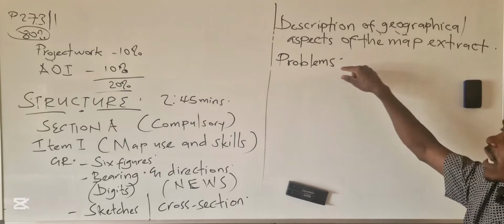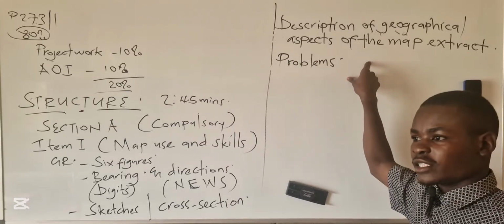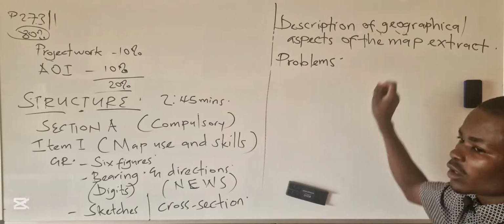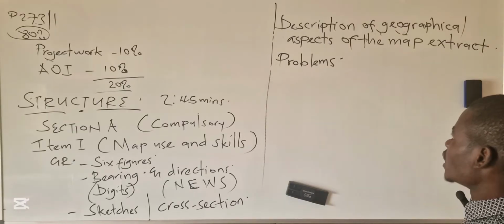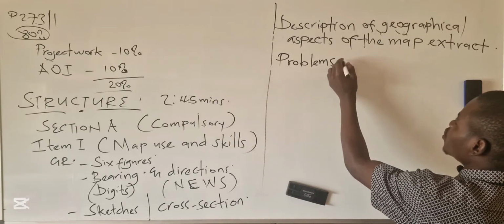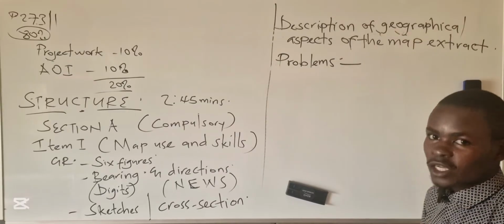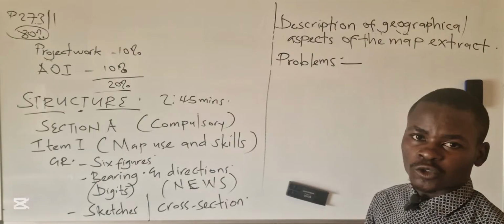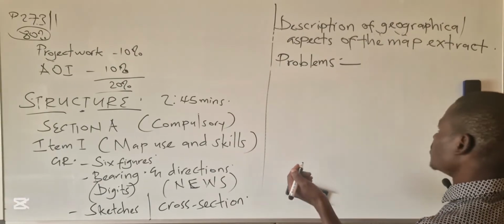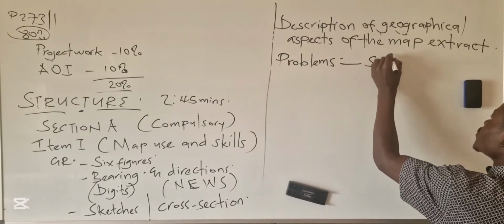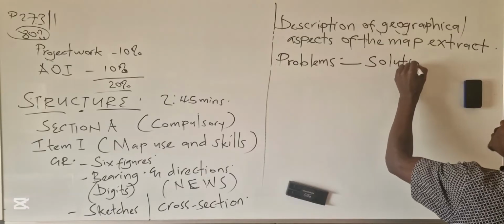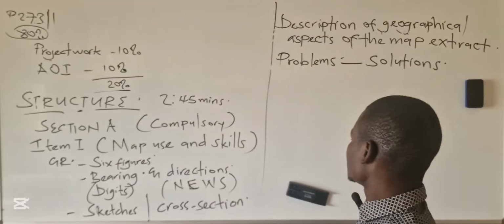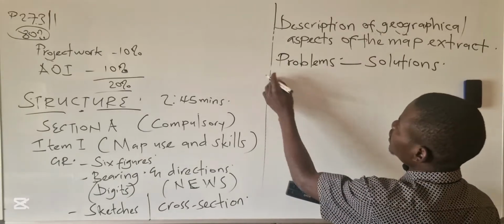Of course, there are certain aspects that really tell that this place is experiencing certain problems. And once you look at a problem, of course, you as a geographer, you can easily find a solution to that problem. Of course, we generate solutions from problems because you cannot solve something that does not exist.